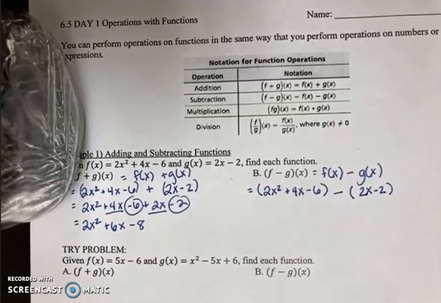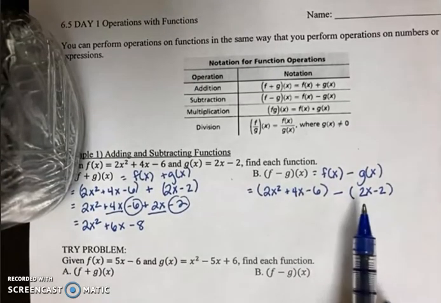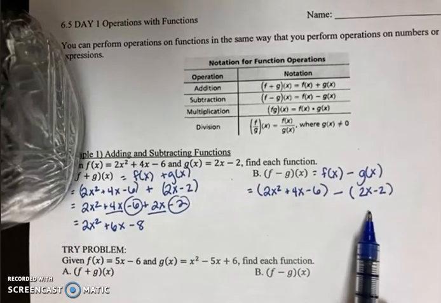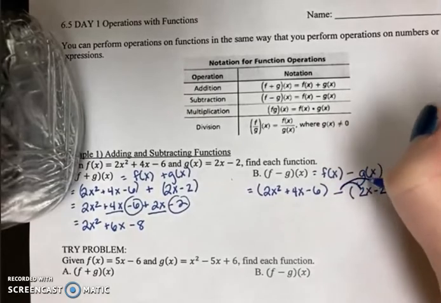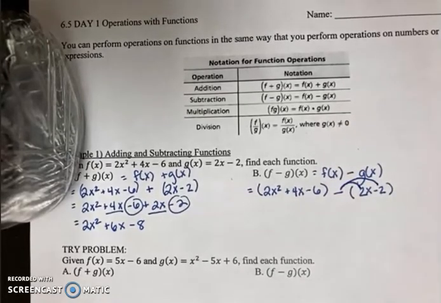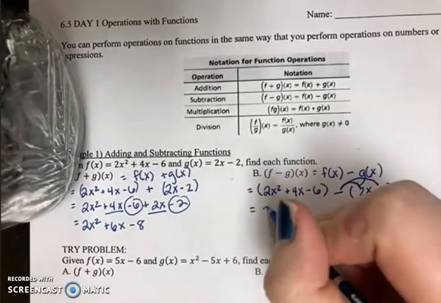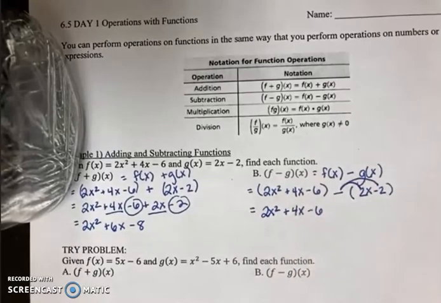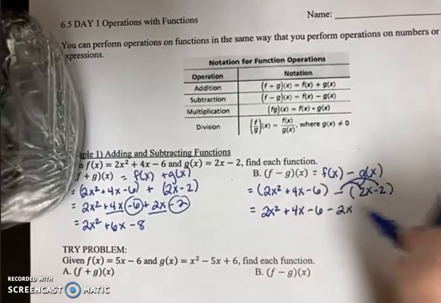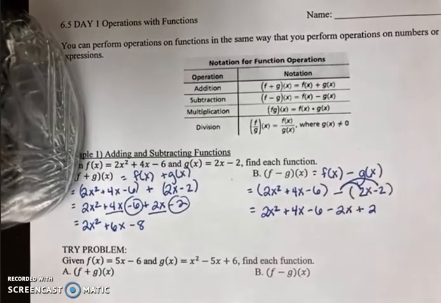Now here's where showing the parentheses is very helpful. I am subtracting this whole function g of x, so that negative sign needs to be distributed to both of the terms inside of the g of x function. So this becomes 2x squared plus 4x minus 6 minus 2x plus 2.